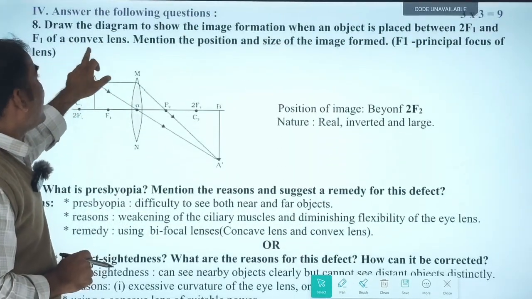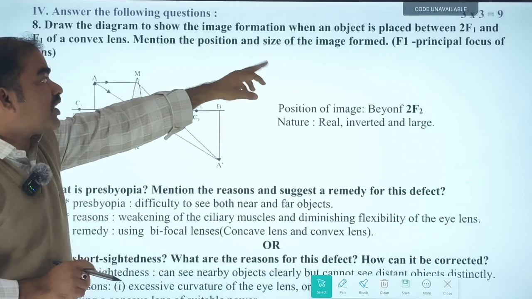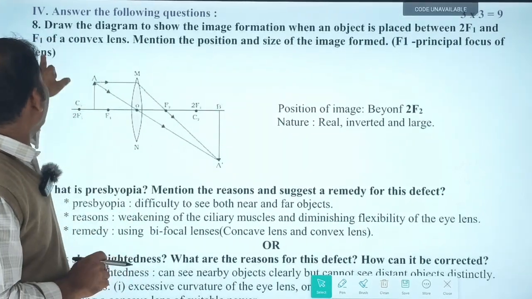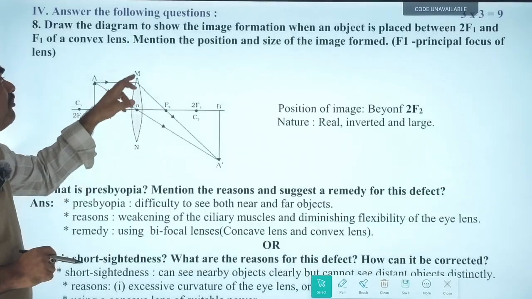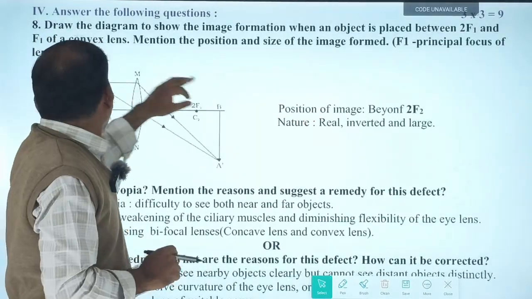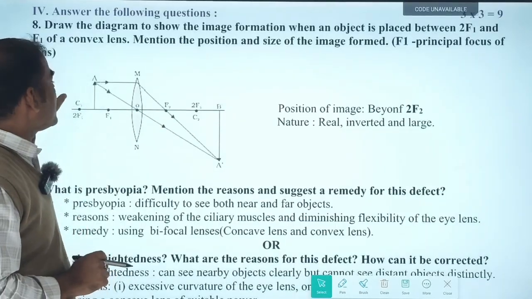Next one, draw the diagram to show image formation of an object between F1 and 2F1 of a convex lens. Mention position, size of image formed, and F1 is the principal focus of the lens.